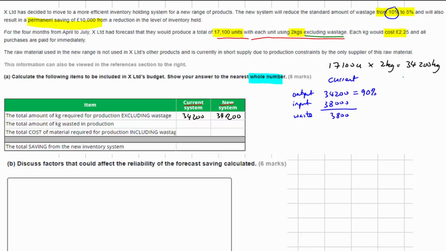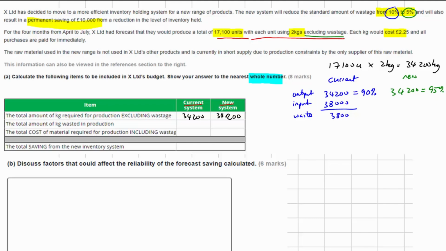Now, what about under the new system? Our output is still going to be the 34,200, but now only 5% of our input is wasted. So the output represents 95% of the input.